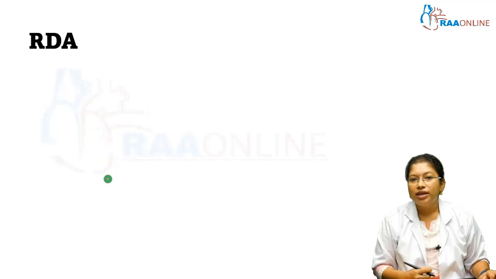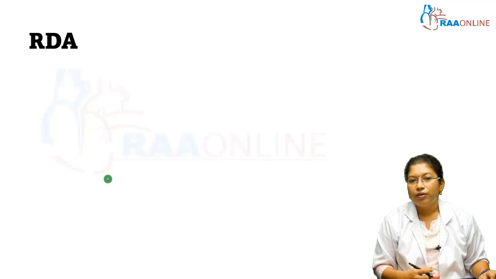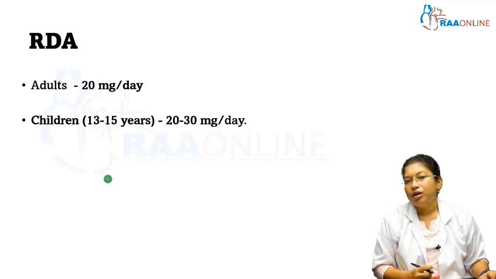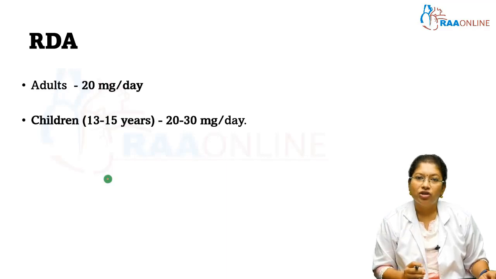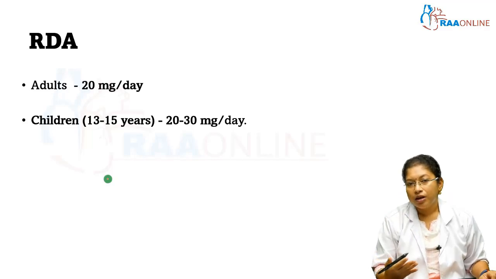So next we'll see the recommended daily allowance of iron. For adults, we need 20 milligram per day, whereas children between 13 to 15 years of age require 20 to 30 milligram per day. Since they are developing, they need more iron compared to adults.